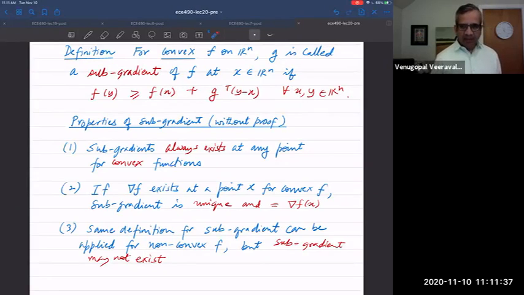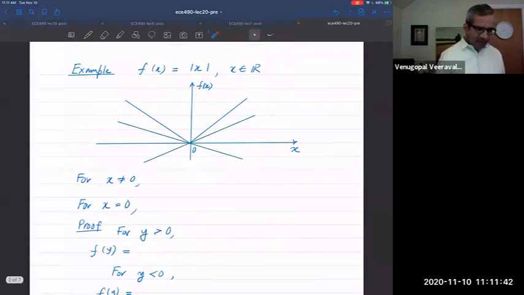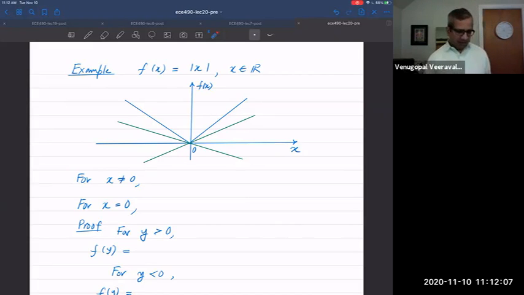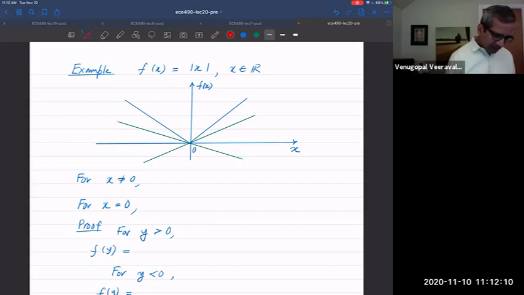All right, so let's do an example that should make things a little more clear. The example is just the modulus function, absolute value of x. One-dimensional, simple example. For any x that's not equal to 0, the gradient exists, and so the gradient will be the same as a subgradient.